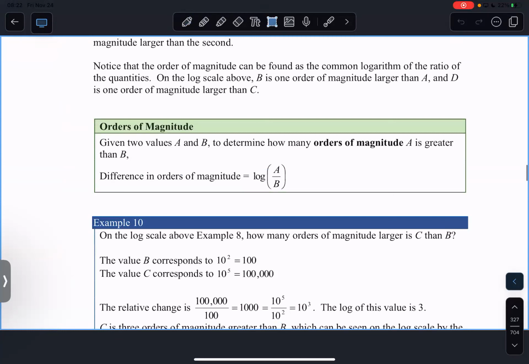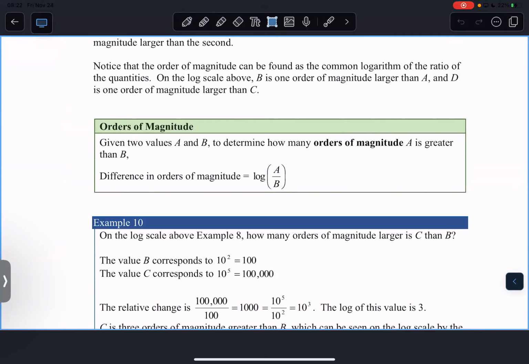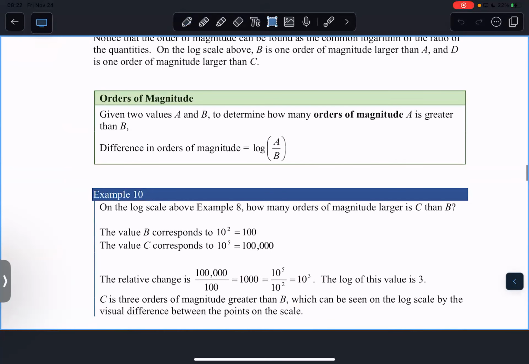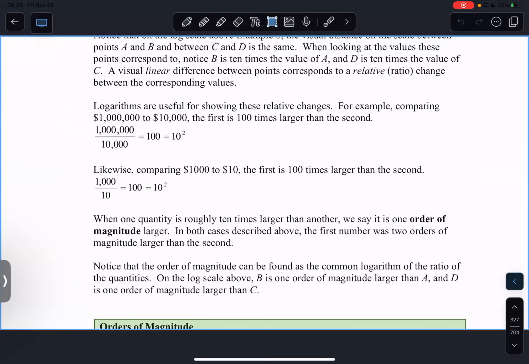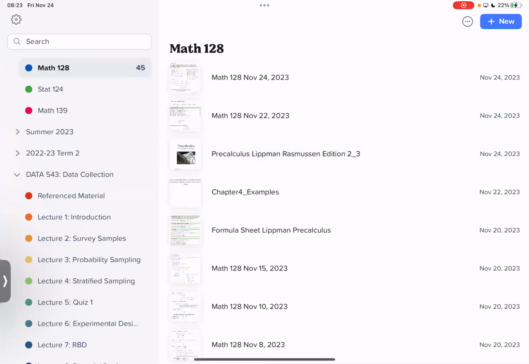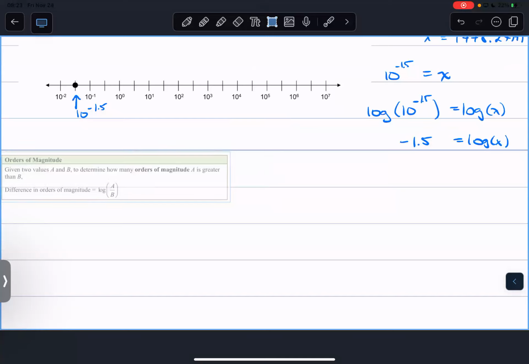But when we talk about orders of magnitude, what we mean is the log of A over the log of B. And there's an example here. But I already copied, so I shan't. Makes me want to restart my iPad.